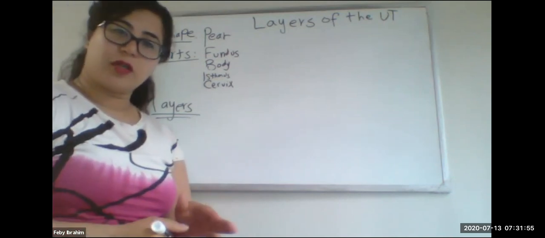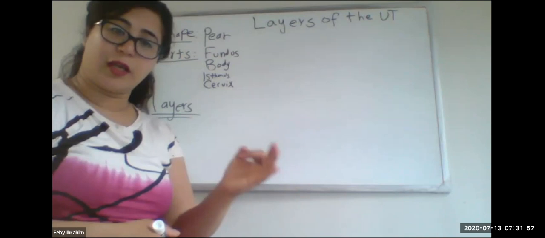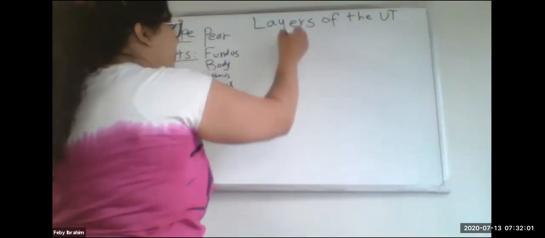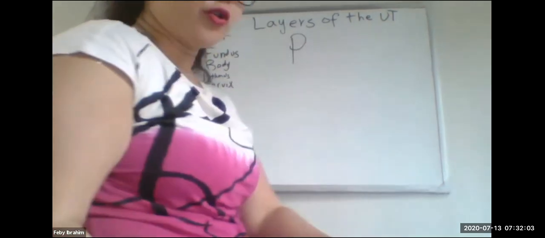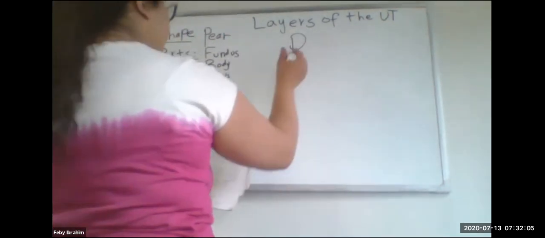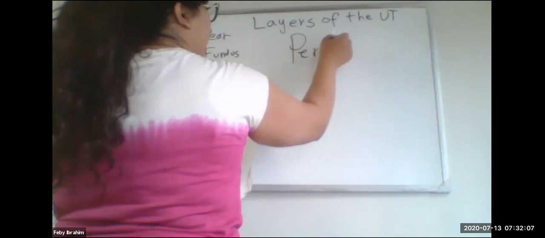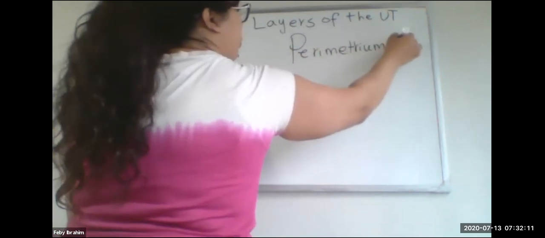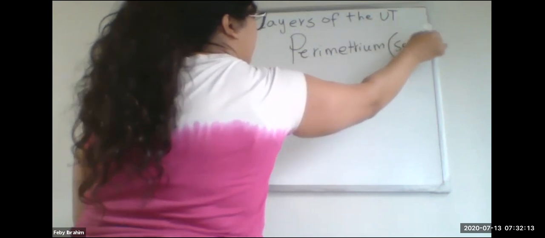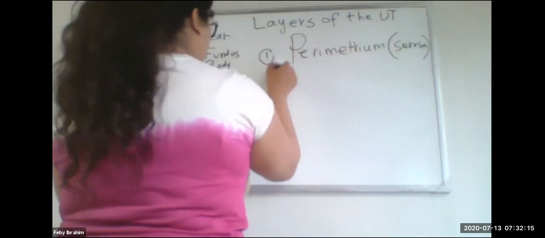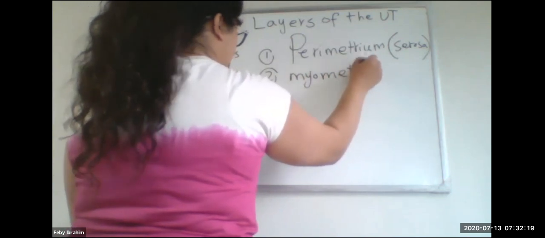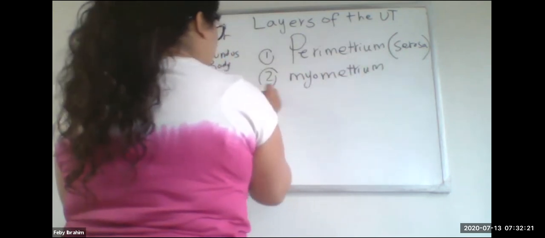Layers of the uterus: we have three layers. From outer to inner, we have the perimetrium, also known as serosa, the myometrium, and the endometrium.